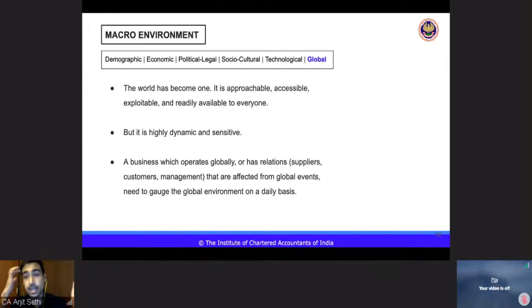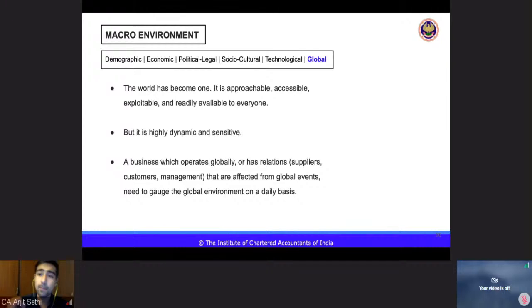See, the world has actually become very approachable, very accessible, exploitable. Exploitable means we can actually benefit from this. When it is accessible, it is approachable, we can exploit, we can benefit from this global world. And it is readily available to everyone. The best part is it is readily available to everyone in the economy, right?